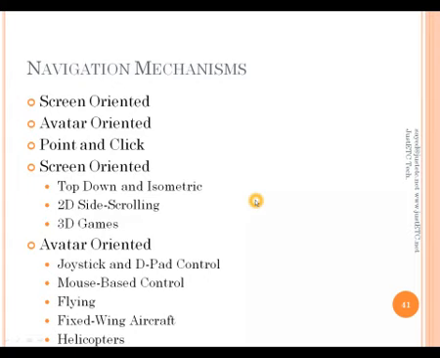In top down and isometric perspectives you can use the screen oriented navigation mechanism. Two-dimensional side scrolling games can use it too, and 3D games actually use avatar oriented navigation mechanism.